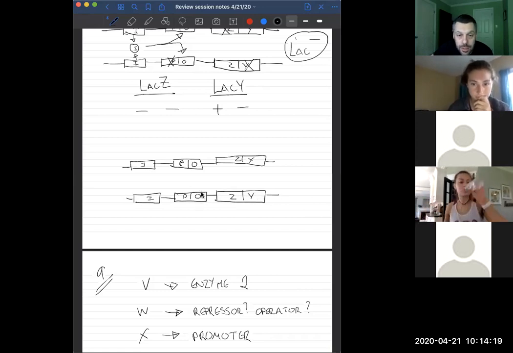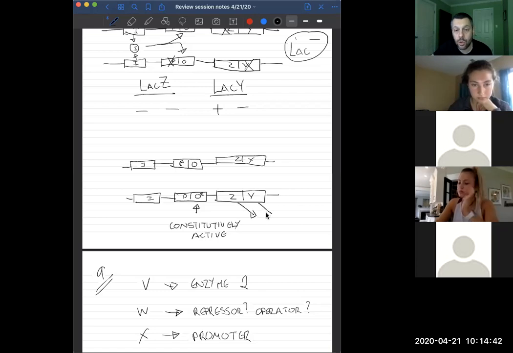And one of these is OC. So this guy, it's called OC because it's constitutively active. Which means this and this are going to be made all the time, no matter what.